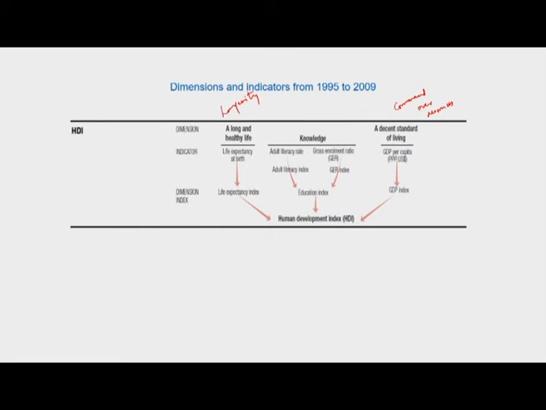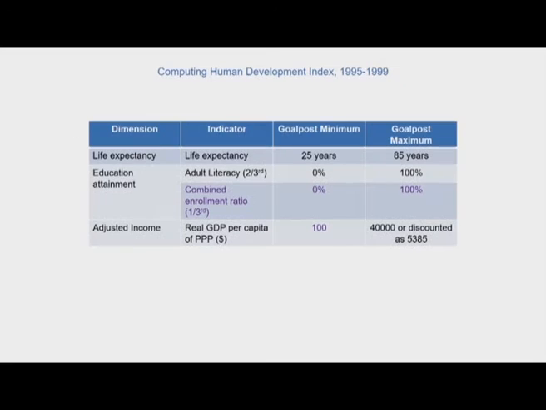So, life expectancy index, education index and the GDP index. The weighting formula is just the same for adult literacy rate and GER or gross enrollment ratio. So, this is 2/3 weight and this is 1/3 weight, and then again all of these individual dimension indices are averaged out, or a simple arithmetic mean is followed to come up with the human development index. We will also look at a small illustration based upon this change of formula here.